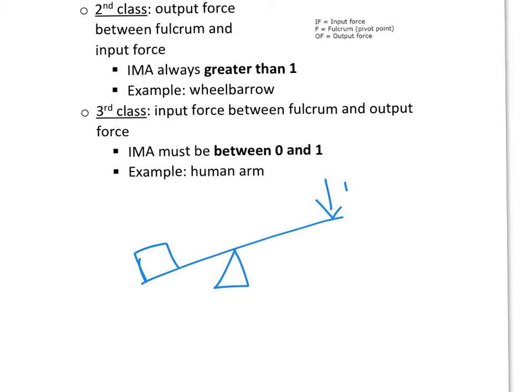So this would be my input force, here would be my output force, and input distance and output distance are not the distance to the fulcrum. Let's say you push on the lever over here and you cause it to move down. That would be your input distance. Pushing down on the lever would cause this to move up. That would be your output distance.